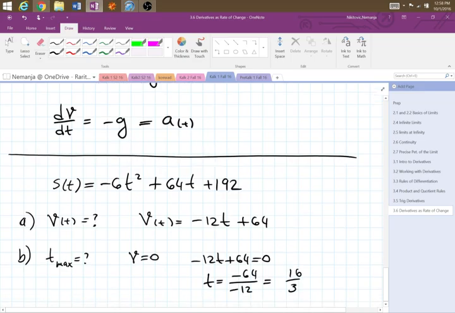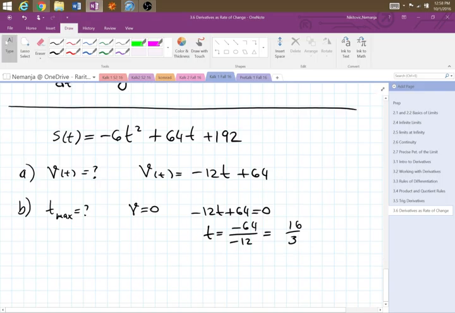Awesome. So now we know it's 16/3 of a second. That's 5 1/3 seconds if you want to convert it.